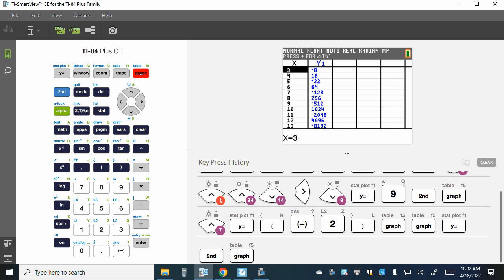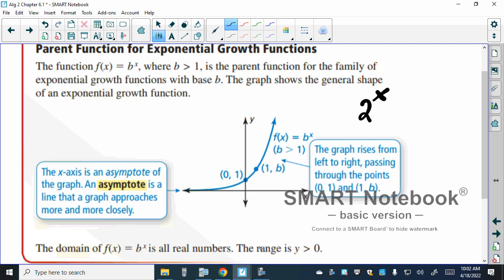Because if we look at the third, -2 to the third is -8. 2 to the fourth is 16. So it's oscillating between positive and negative. So it's not really a function. So we don't really consider when b is negative. We just want to focus on the positive cases. So any questions on this so far? So if b is greater than 1, it's exponential growth.